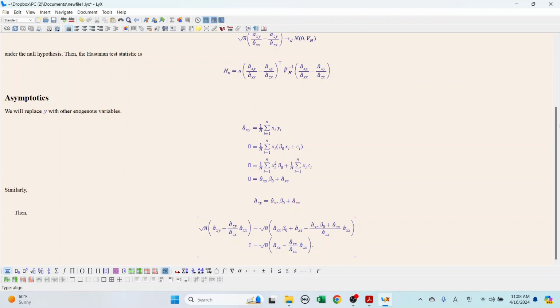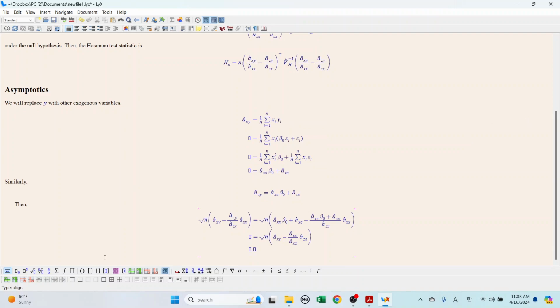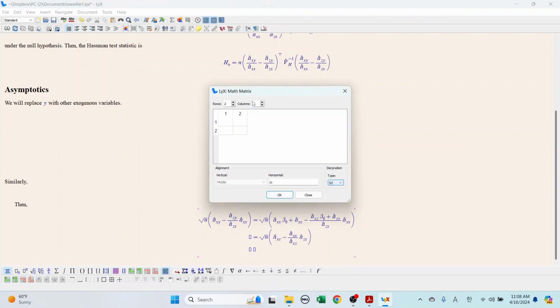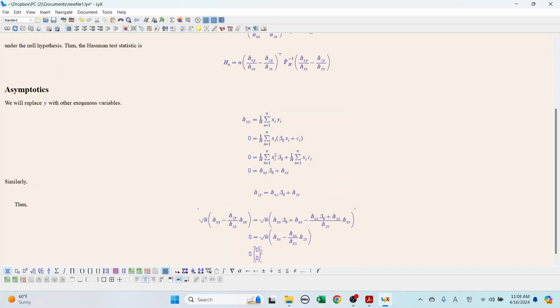Let me show you how I do it. I am going to think about this and rewrite this as 1 times minus this vector times the other term.